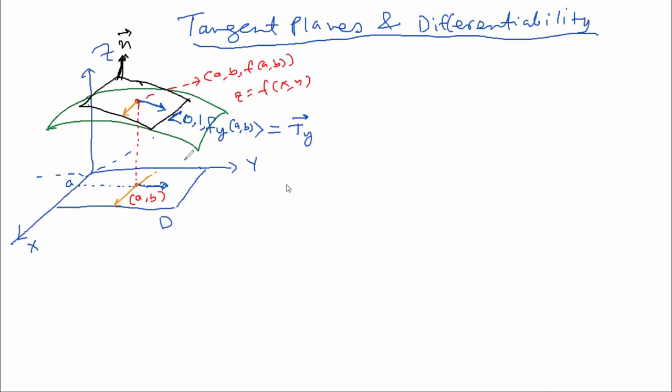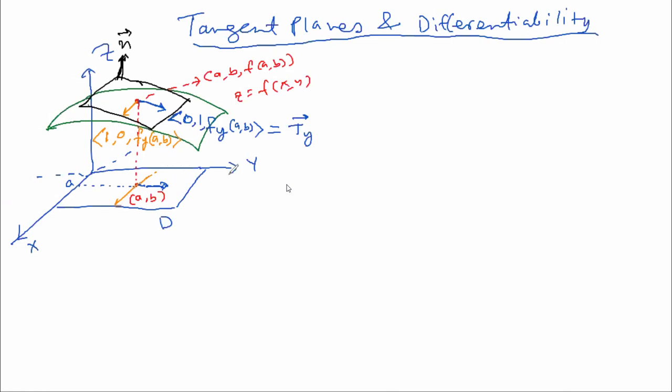That is the tangent line. So here, what is the vector going to be? Y is fixed. If x changes 1 unit, z will change by the partial derivative of f with respect to x at a, b. That's the meaning of partial derivative, right? The rate of change at a, b with respect to x.